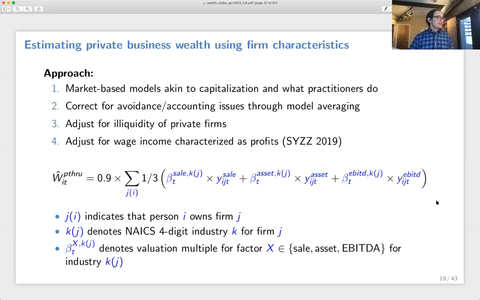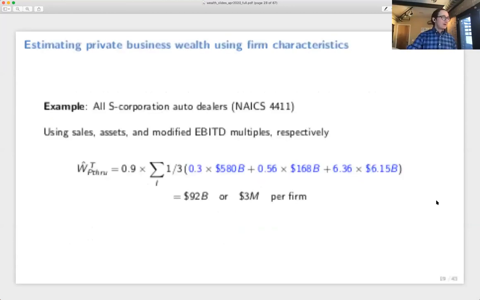Okay, and we're going to just do this firm by firm, take an average, allocate it to a person, and then apply a 10% liquidity adjustment, which comes from what the SDC data says the discount for private firms is relative to public firms in M&A in recent years, but pooled over the last 20 years, it looks pretty stable. So that's complicated.